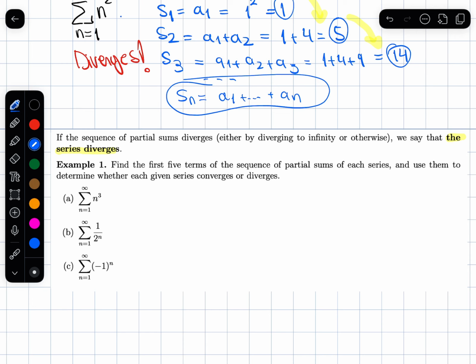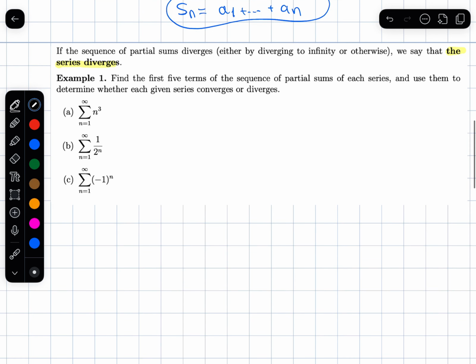Grabbing my calculator here because I see an n cubed in there that I'm going to have to calculate, so that's going to be a little annoying. So for A, we're going to add n equals 1 to infinity n cubed. So what's S1? That's just a1, so that's 1 cubed, and that's 1.